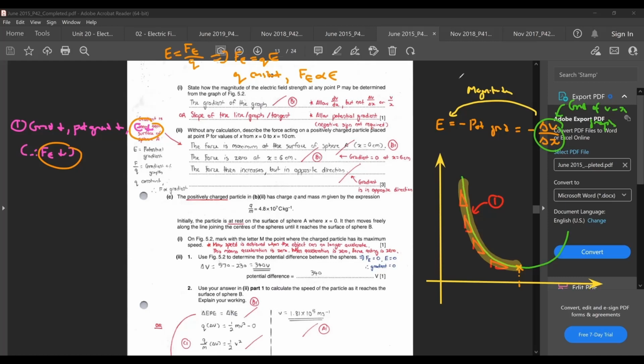Okay, how about point number 2? You look at the minimum point here. This part here is where my gradient is 0, potential gradient is 0, field strength is 0, therefore electric force is 0.